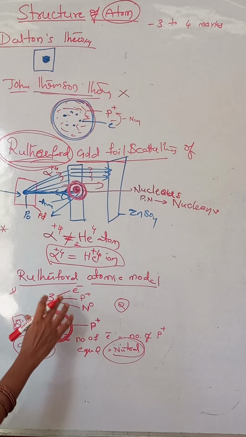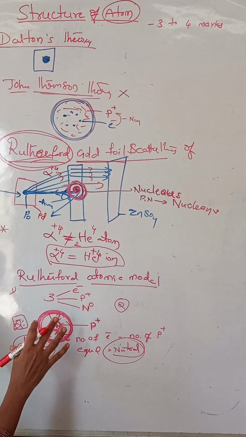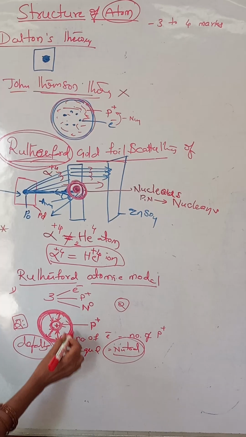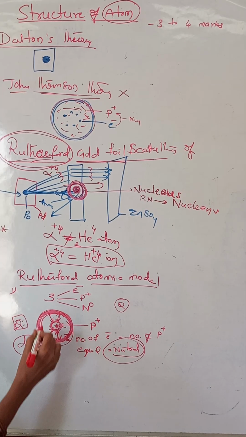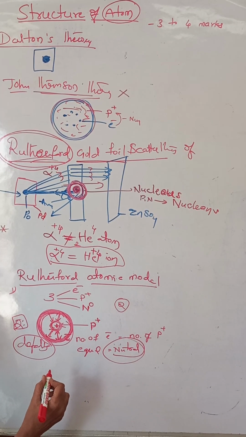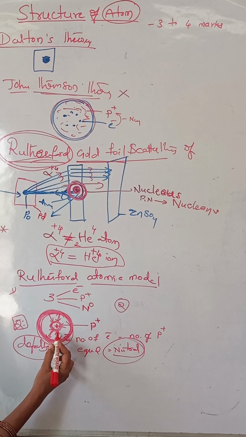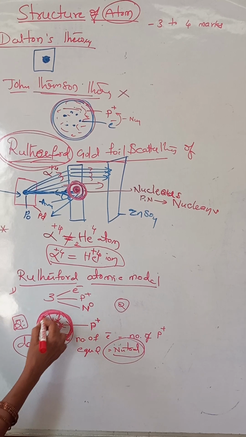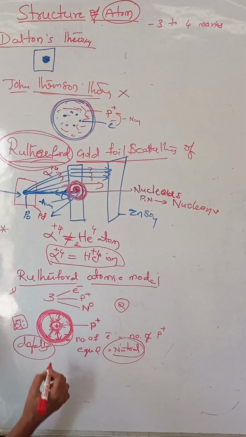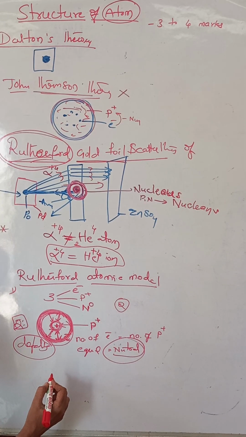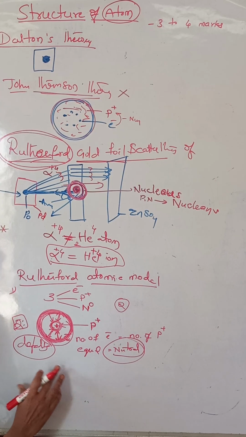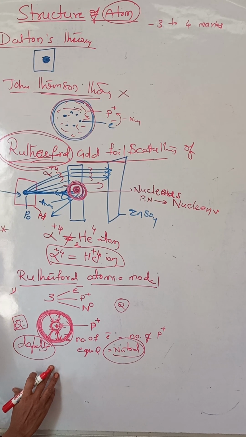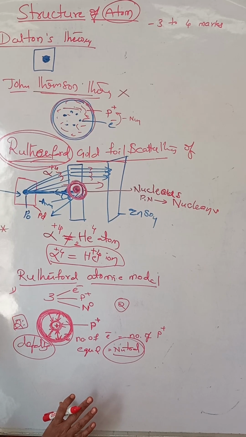Here Rutherford's theory has some defaults. If an electron revolves through a closed circular path around the nucleus, it loses its energy, and then the atom collapses. We know that the solar system is not collapsed.